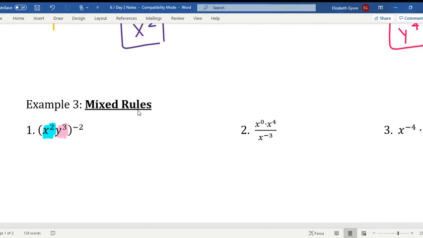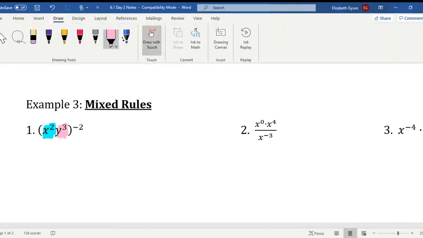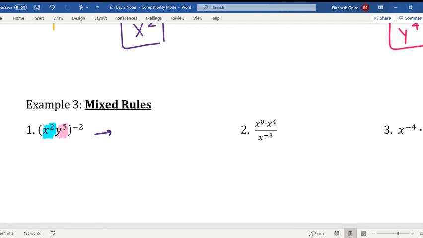So we're going to multiply all of our exponents together. So first, let's take a look at the x to the 2nd. Can someone tell me what that's going to become? We're going to take our two exponents and multiply them together. Good. Yep, it's going to become x to the -4.